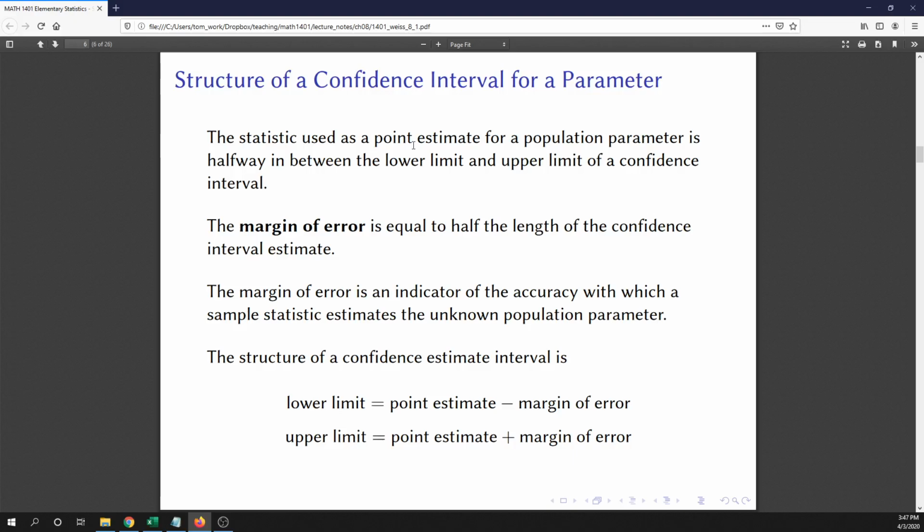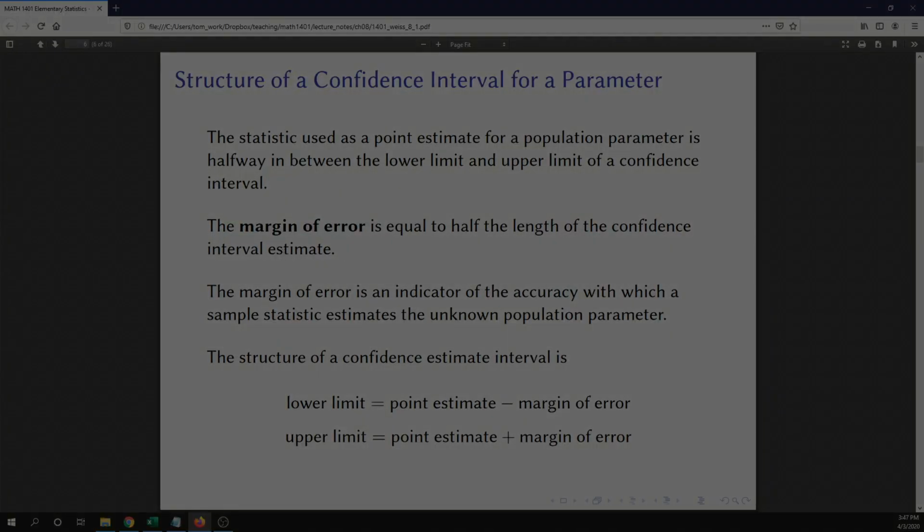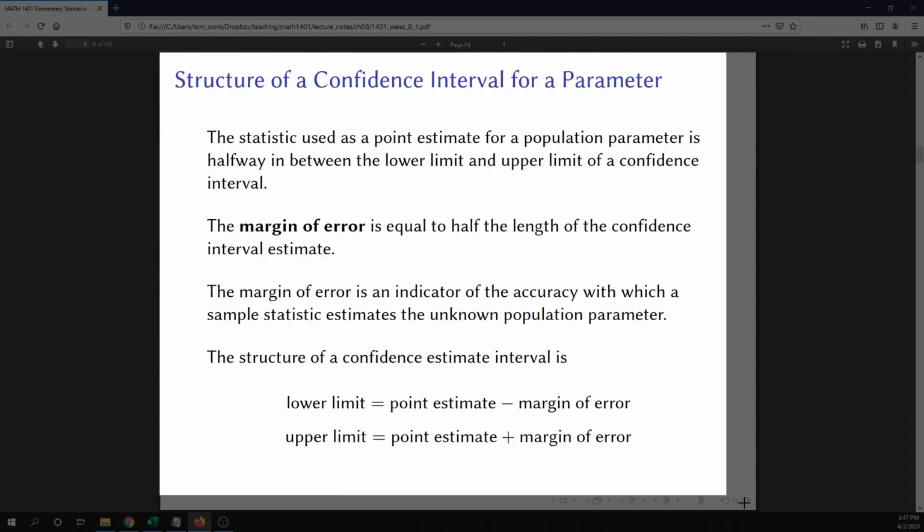The statistic we use for the point estimate is going to be halfway in between the lower limit and the upper limit. And the margin of error, this is the definition we'll use, is equal to half the length of the confidence interval for the interval estimate. So let's take a look at, let me just get this to where I can draw on this.